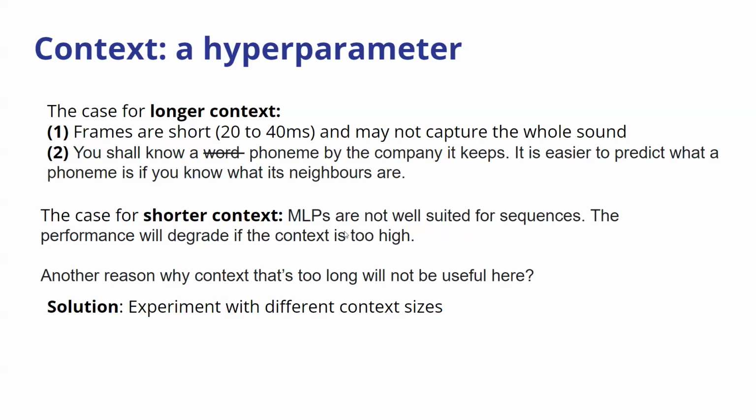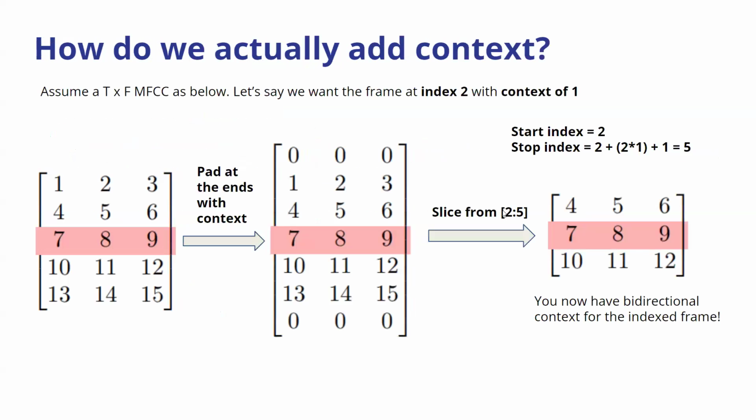So MLPs are not suited for this kind of task. So if you have context that's too long, the performance will definitely degrade. There's also another reason why context that's too long will not be useful, and it's from here.